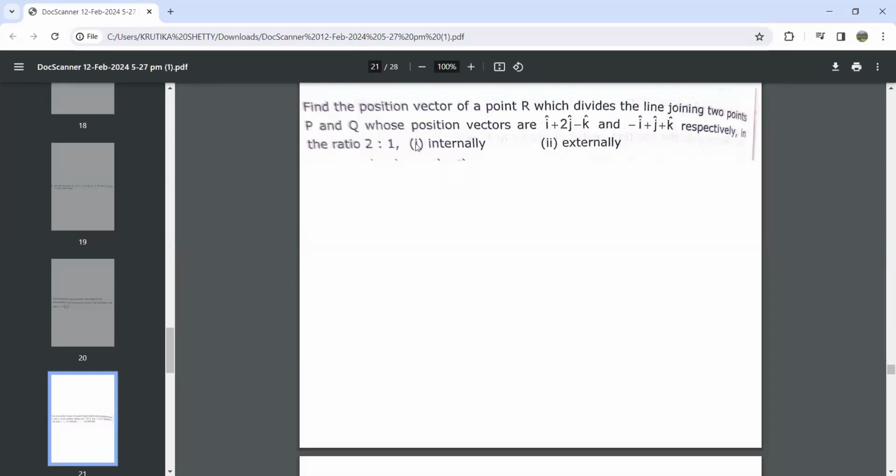So here we need to calculate both. First we calculate the position vector of R which divides it internally, and then the position vector of R when it divides the same line externally. We'll discuss the solution for this.